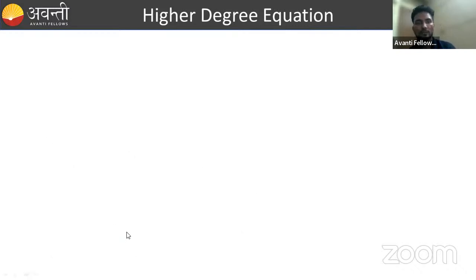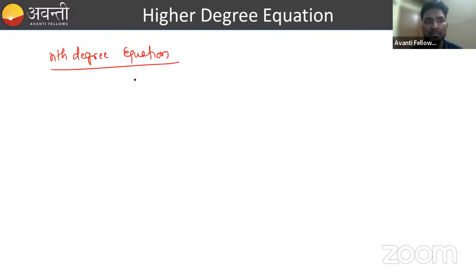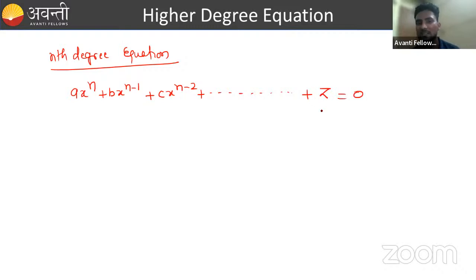Then suppose now I am taking a generalized form. Suppose we have a higher degree equation of degree n, the nth degree equation. So definitely it will be like this: ax to the power n plus bx to the power n minus 1 plus cx to the power n minus 2, like this you can go, and after that suppose the last value is z equals 0, z is also a constant.